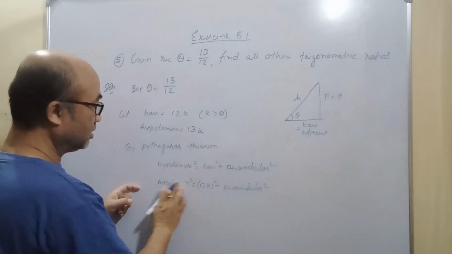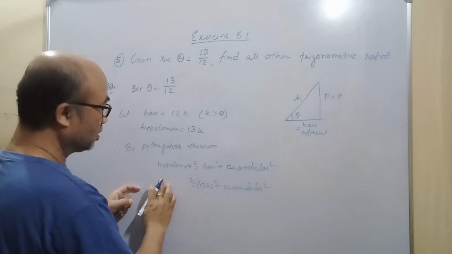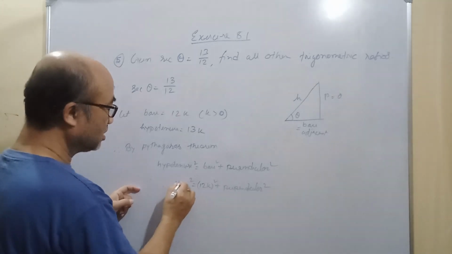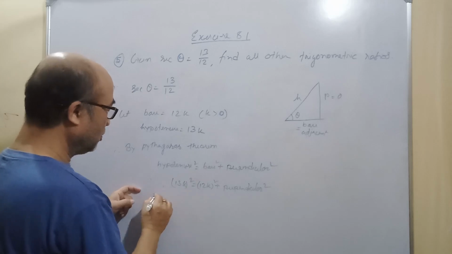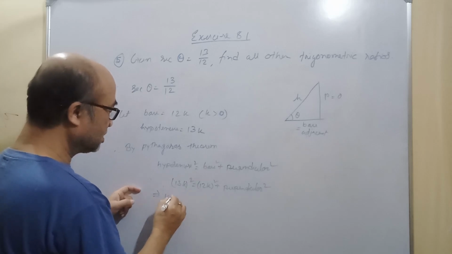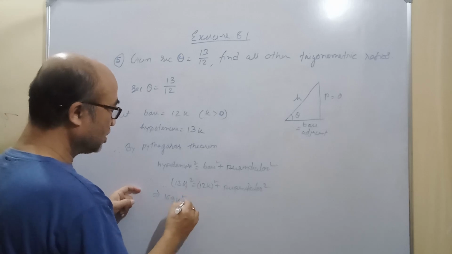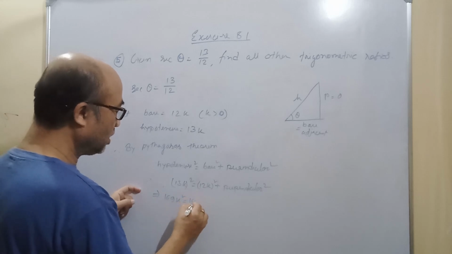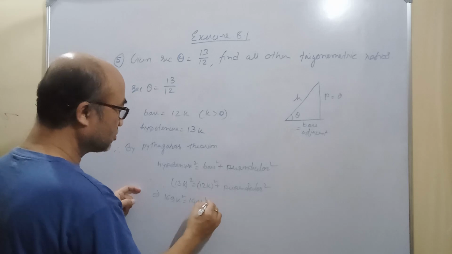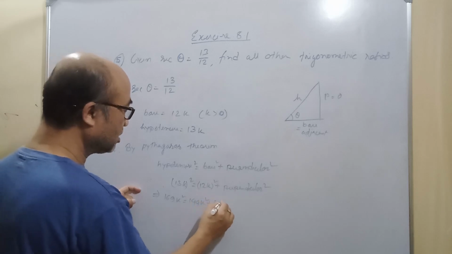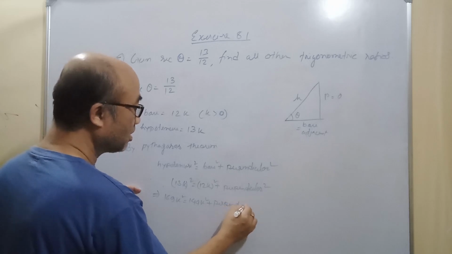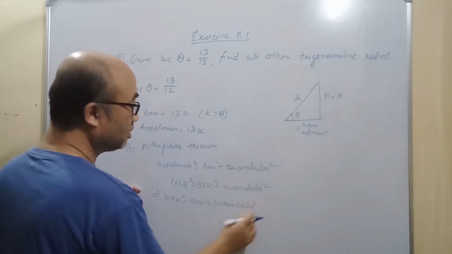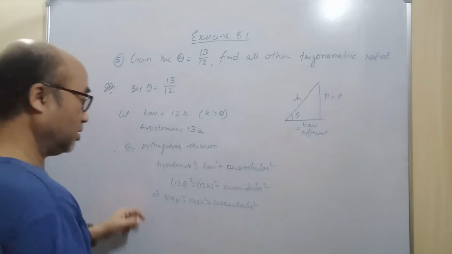It is 13k, so this is 13k square, which implies 169k square is equal to 144k square plus perpendicular square.